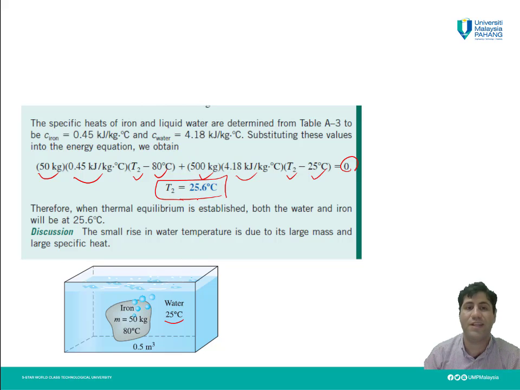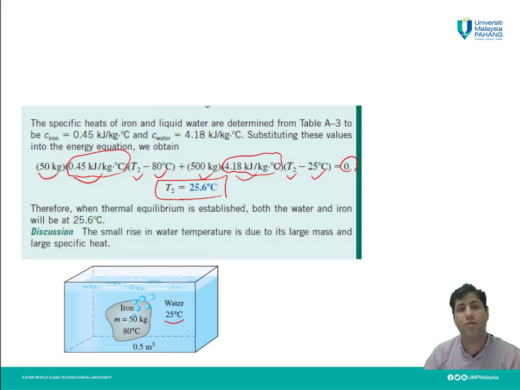The temperature of water is only increased by 0.6 degrees Celsius, and this is due to the very large value of the specific heat of the water. If you compare the specific heat for water and iron, you can see that it is more than 8 or 9 times higher than the specific heat of iron.